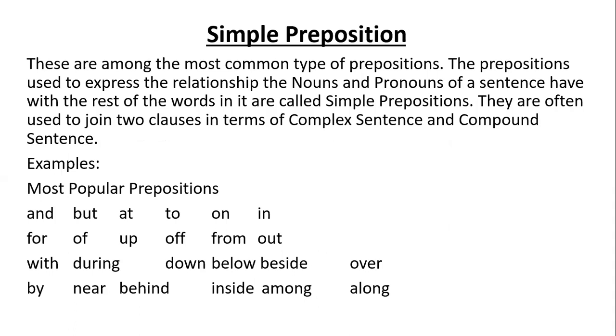Okay. The first one is simple preposition. So if I ask you, can you give me some examples of prepositions? I'm sure these are the prepositions you will come up with, like for, of, up, from, out, with, during, etc. So these are the common types of prepositions.